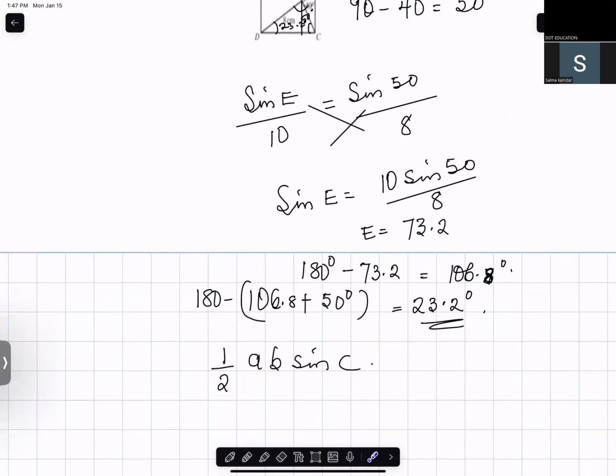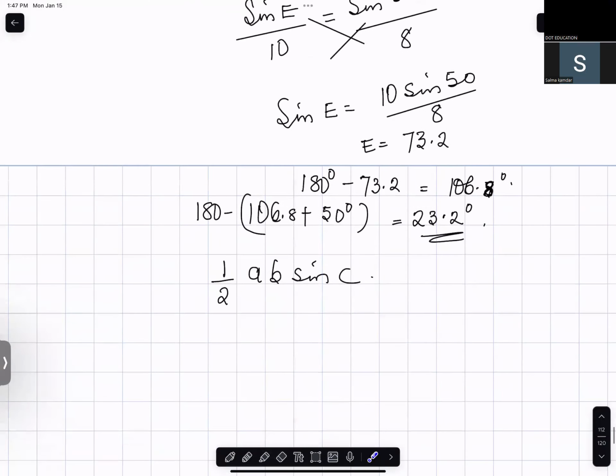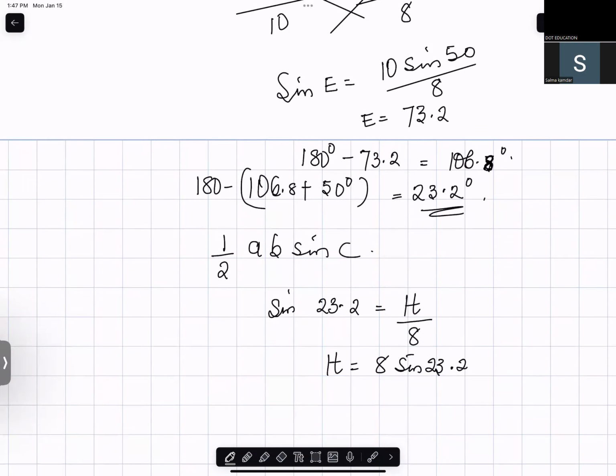So looking for the height there, I have sine 23.2 equal to the height divided by 8. So the height is 8 sine 23.2, which gives 3.15. So I have my height as 3.15.